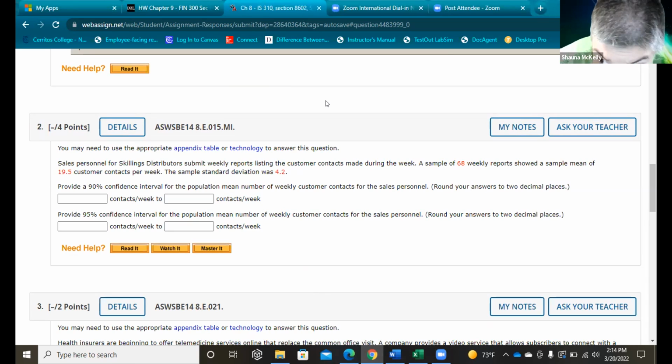We're looking for the confidence interval for the mean, right? We have 68 reports with a mean of 19 and a half. So n is 68, x bar is 19 and a half.